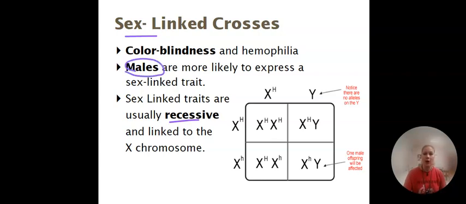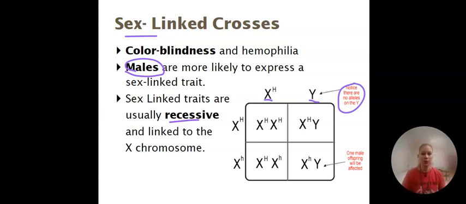Now, males are much, much more likely to express a sex-linked trait because, right, males only have one X chromosome, right? Their other sex chromosome is a Y, right? And there's no allele on that Y chromosome because it is an X-linked trait, right? X-linked, sex-linked.